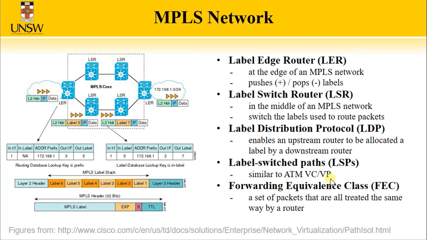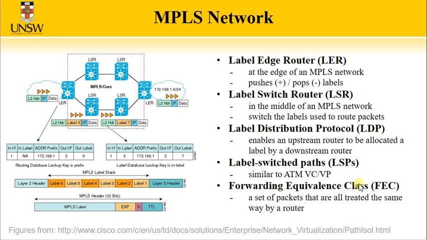Label edge router operates at the edge of the network. It can push a label onto packets for switching and pop it off packets when packets depart. Label switch router is located in the middle of the network, which is responsible for switching the labels used to route packets.